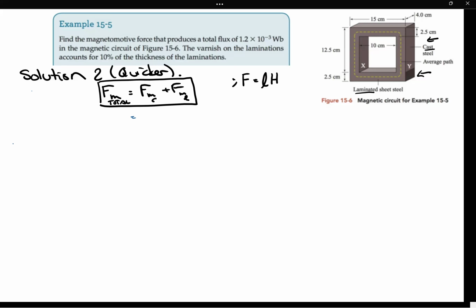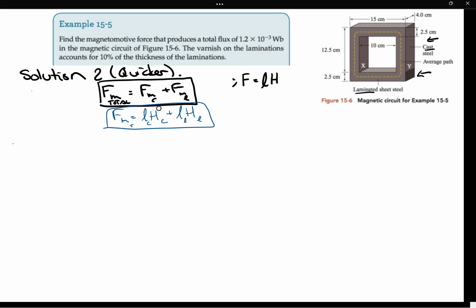Okay, so the total magnetomotive force then is LH plus LH to add the two sections, the cast and the laminated sheet steel. And that's going to be our total.